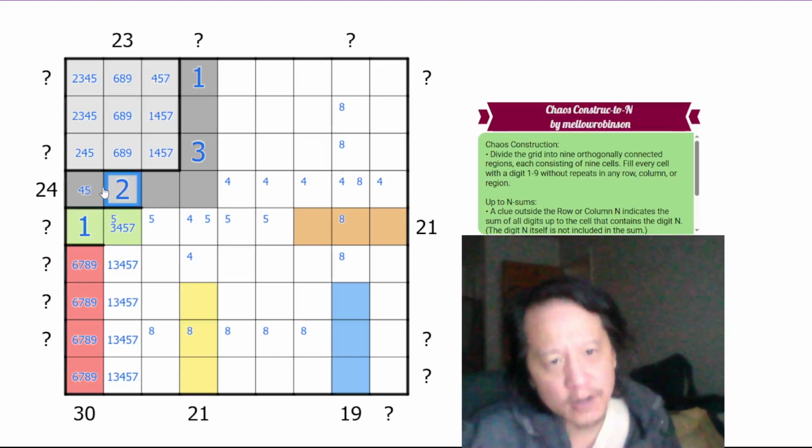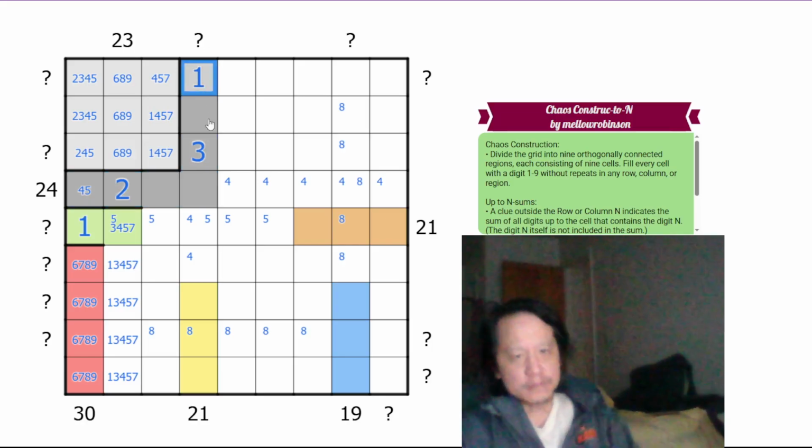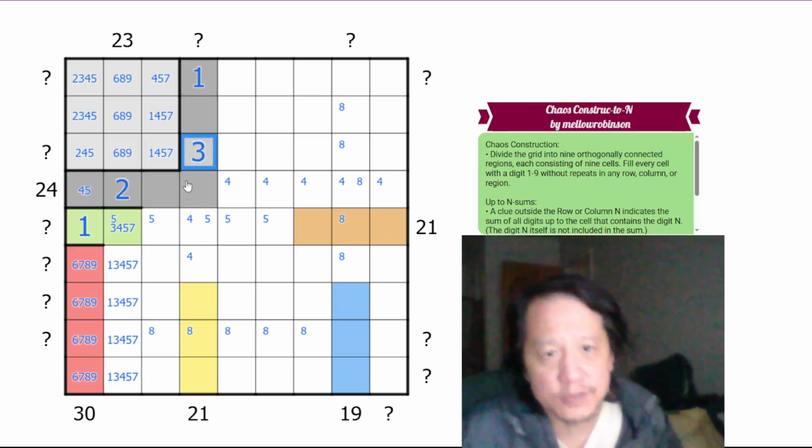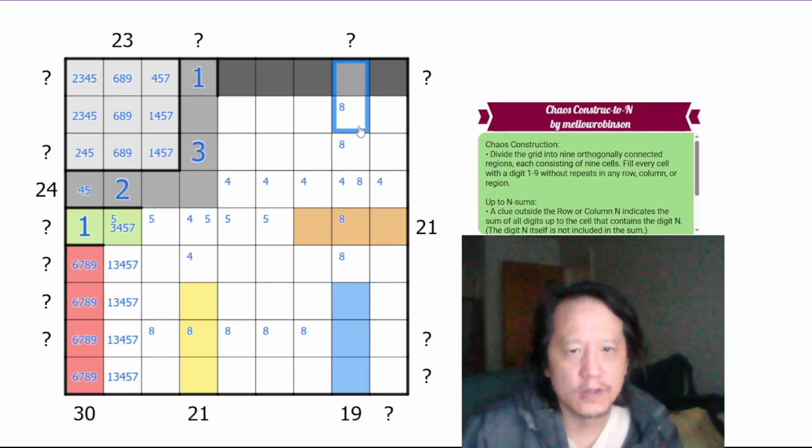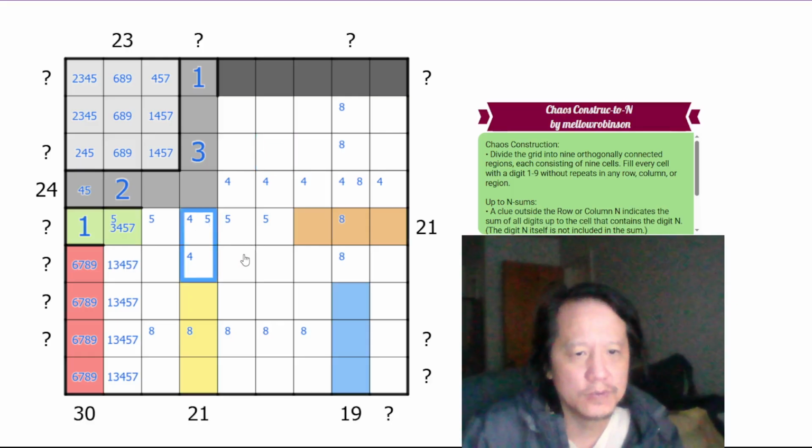medium gray already has a 1. This is 3. This has to be all the same region till the 1 because it's a question mark. So then we have a boundary there. We don't know if this goes down here. So 4 is one of these two.